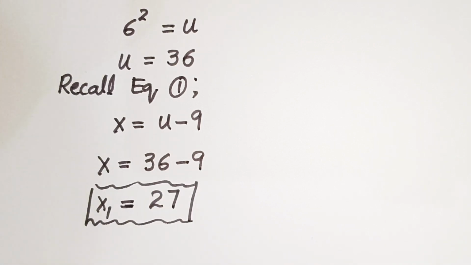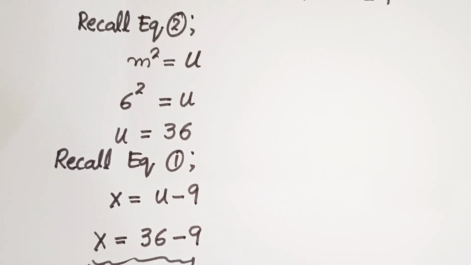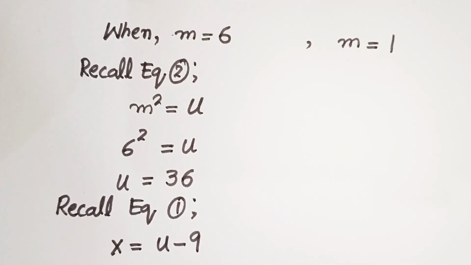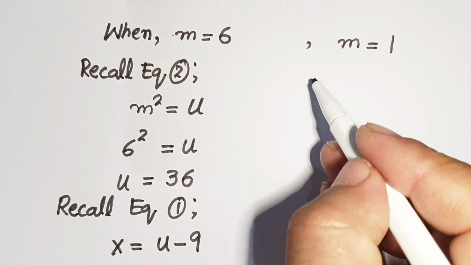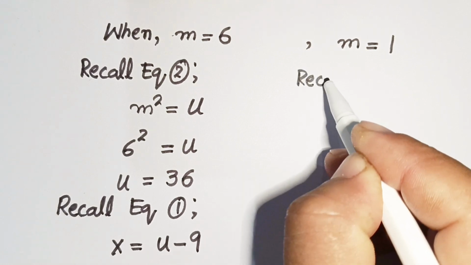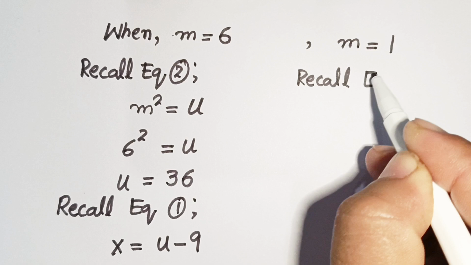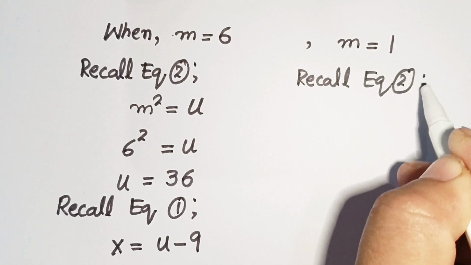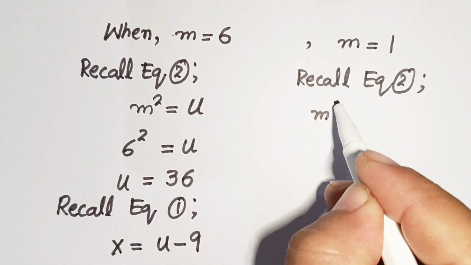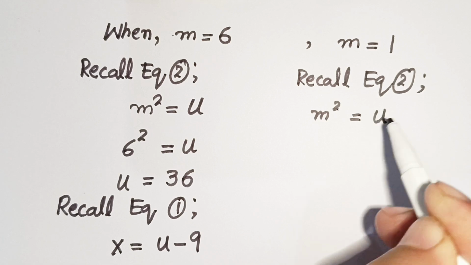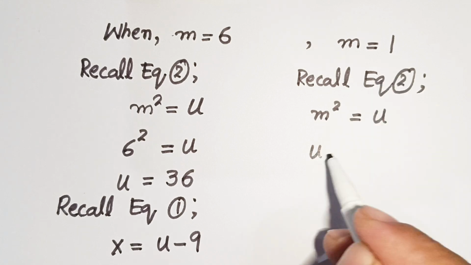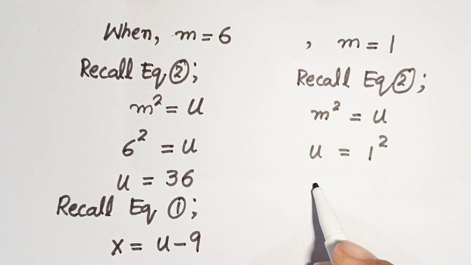Now finding x2. For this purpose, we have to use the other value of m, which is 1. Here again recall equation 2. Equation 2 is m squared is equal to u. Here m is 1, so u is equal to 1 squared, and u is equal to 1.